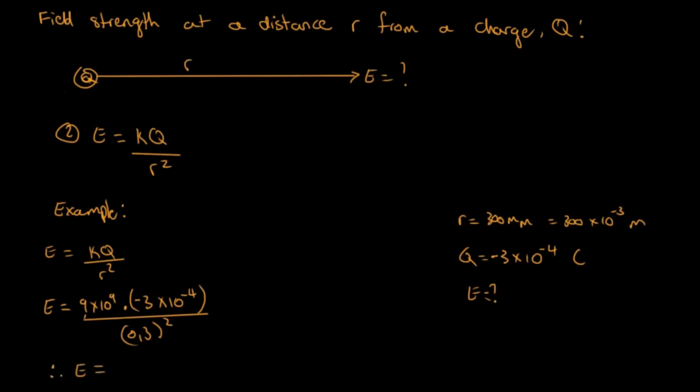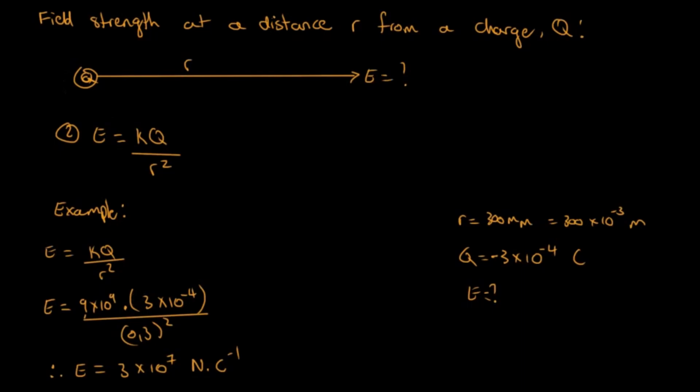It's simple calculator work. Therefore, the electric field strength at the specific point is equal to 3 times 10 to the 7 newtons per coulomb. The same rules apply here: if it's a negative or positive charge, it doesn't matter, we don't include the negative or positive in there.